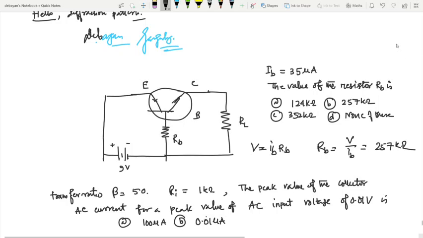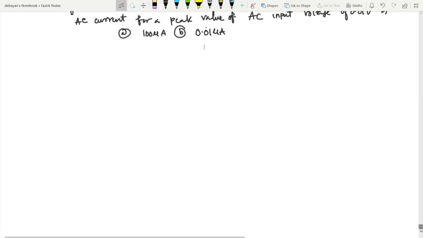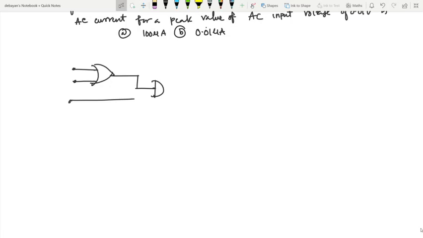ঠিক আছে, তাহলে আমরা আগের দিন লজিক গেটস করেছিলাম, সো ফ্রম দ্য লজিক গেটস যদি তোমাকে, the circuit is given like that, this is the corresponding OR gate and that is the corresponding AND gate.